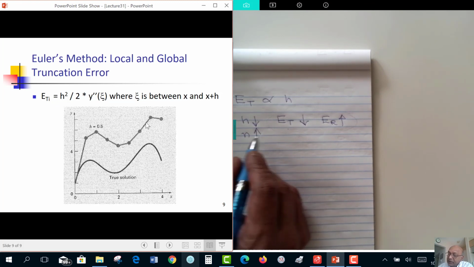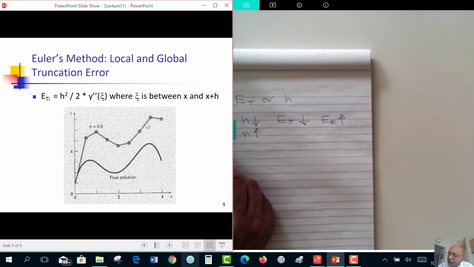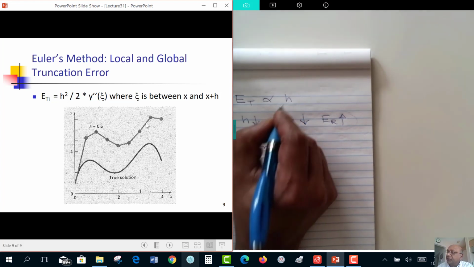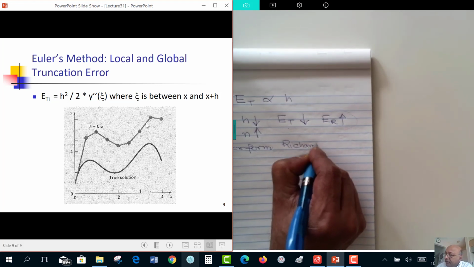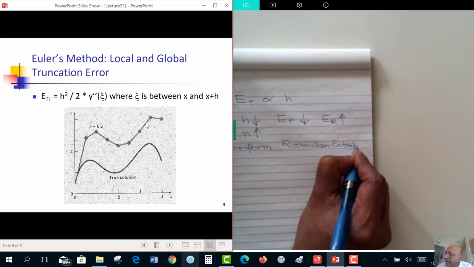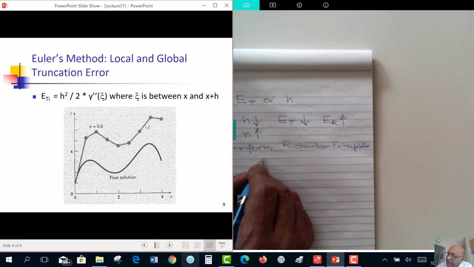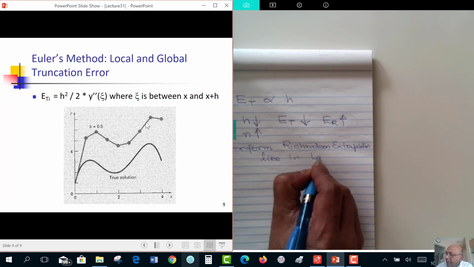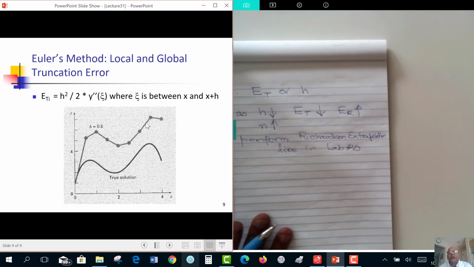So in order for us to check what kind of error it is, we should solve the differential equation using two different strip sizes and then perform Richardson extrapolation, just like you did in lab number 10. Okay, so let's stop here.